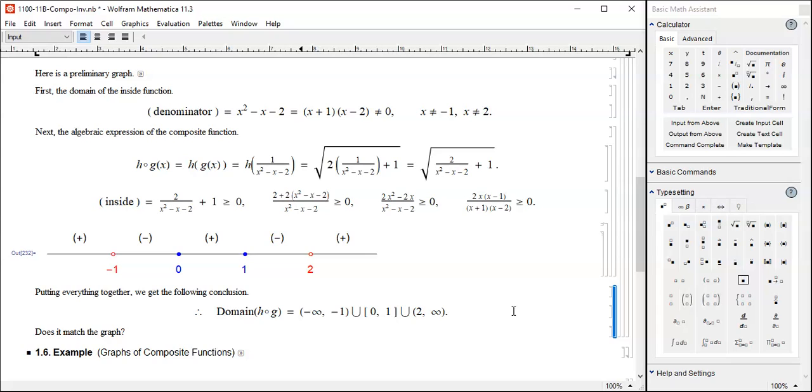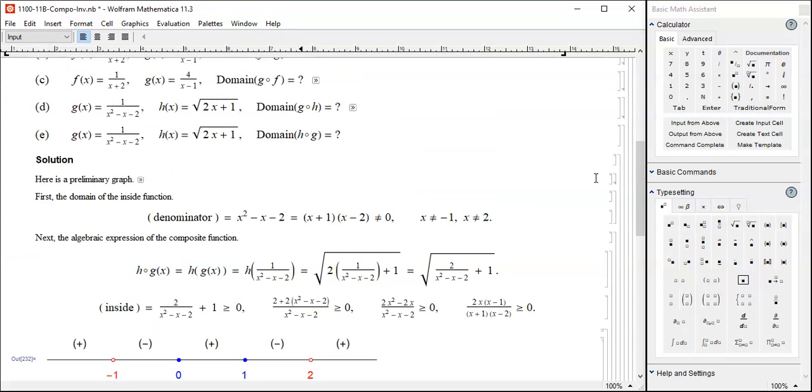Putting everything together: from -infinity to -1, that plus region, and then from 0 to 1, that plus region, bracket, bracket, and 2 to infinity, this plus region. Does it match the graph?